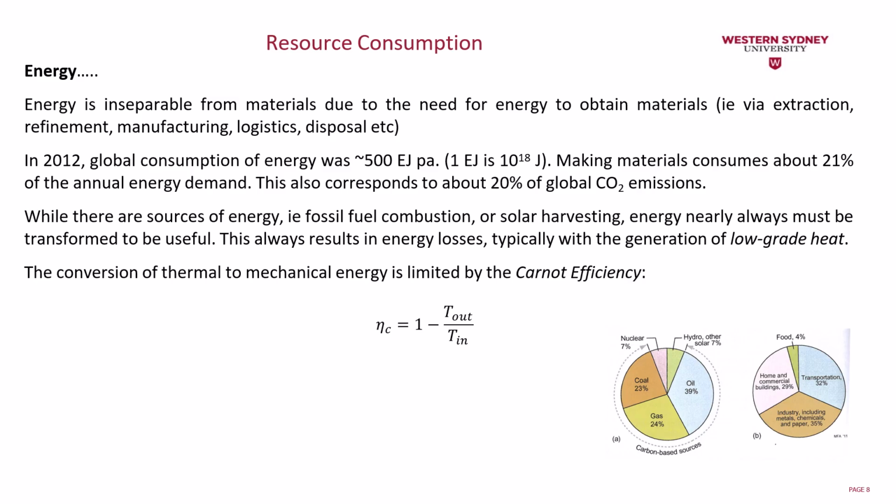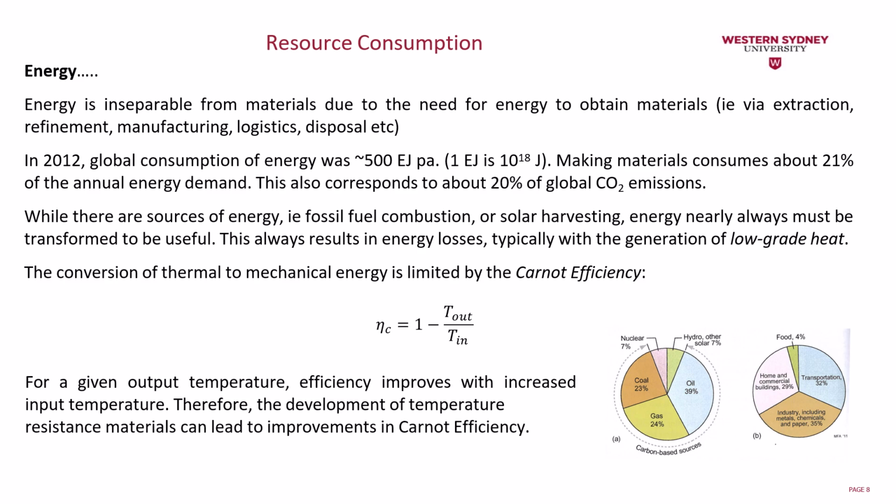The conversion of thermal-mechanical energy is limited by the Carnot efficiency, where the Carnot efficiency is equal to 1 minus the temperature out divided by the temperature in. So for a given out temperature, the efficiency improves with an increased input temperature, and therefore the development of temperature-resistant materials can lead to the improvement of the Carnot efficiency.